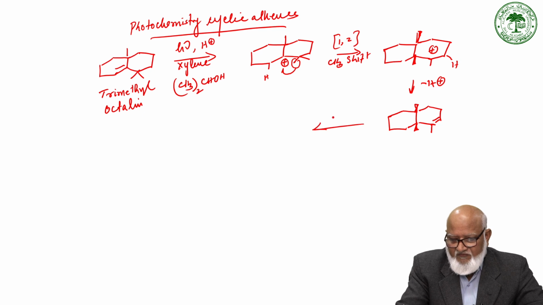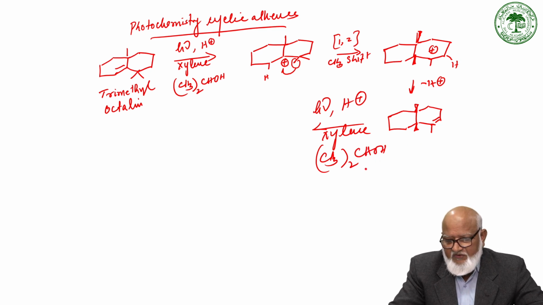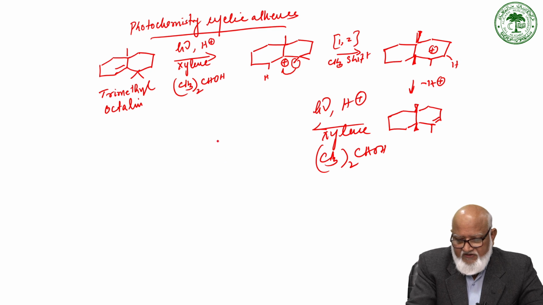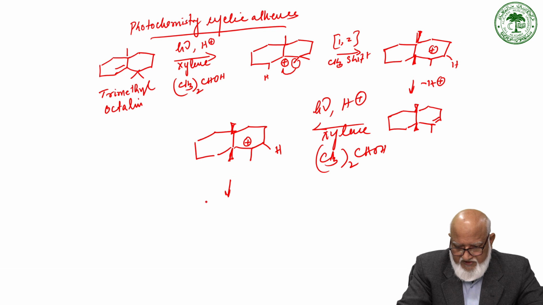If we further continue the photolysis under similar condition, with proton source, xylene being the solvent, and isopropyl alcohol, CH3CHOH, being the proton source, H plus can further add to this double bond under photo condition. So we get a carbocation like this, with H plus here and a positive charge on this, and this loses H plus to give an exocyclic double bond.